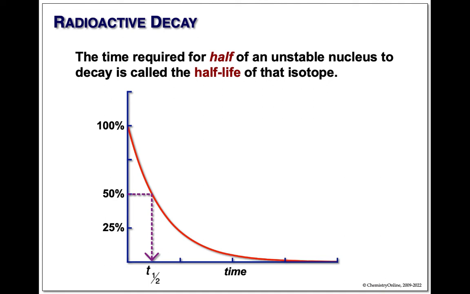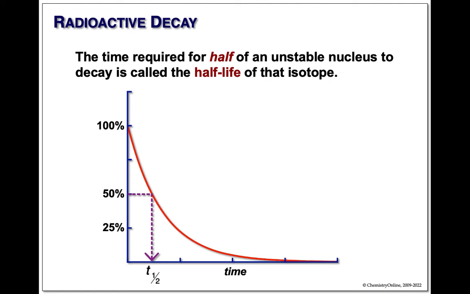When your original sample, the concentration has dropped by 50%, you look and see how long that took, and that is the half-life. It's the time required for half of the original element to decay to the next element in line.